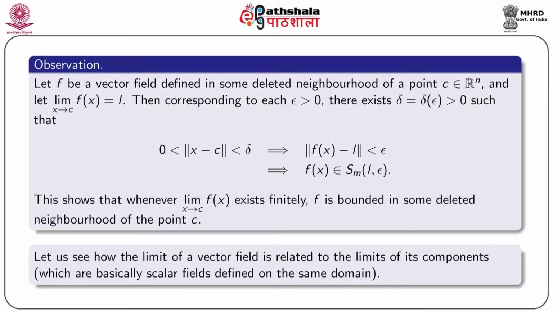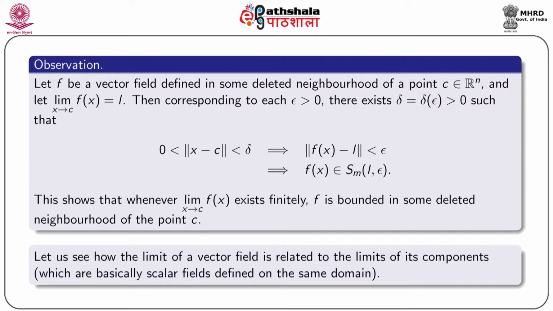One observation: let f be a vector field defined in some deleted neighborhood of a point c in Rn, and we further assume the limit of f(x) as x tends to c exists and equals L. Then corresponding to each epsilon positive, there exists delta positive such that whenever 0 < norm of x minus c < delta, we have norm of f(x) minus L less than epsilon.